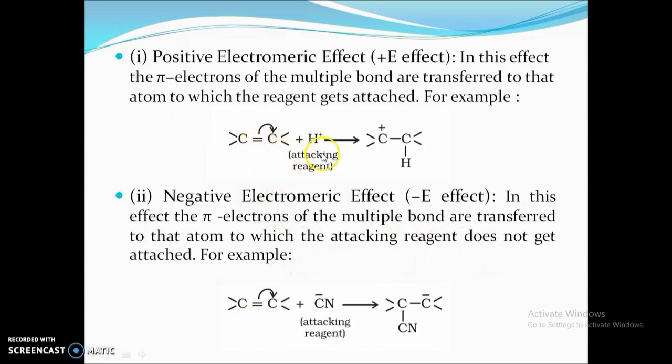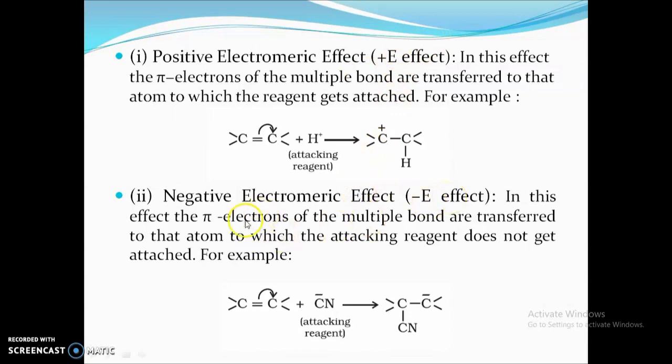It is attacked by an electrophile, say H plus. When the electrophile H plus approaches the alkene, pi electrons are shifted to this particular carbon, and now this attacking reagent H plus attacks this carbon where pi electrons are shifted, and that's why this effect is termed as plus E effect.